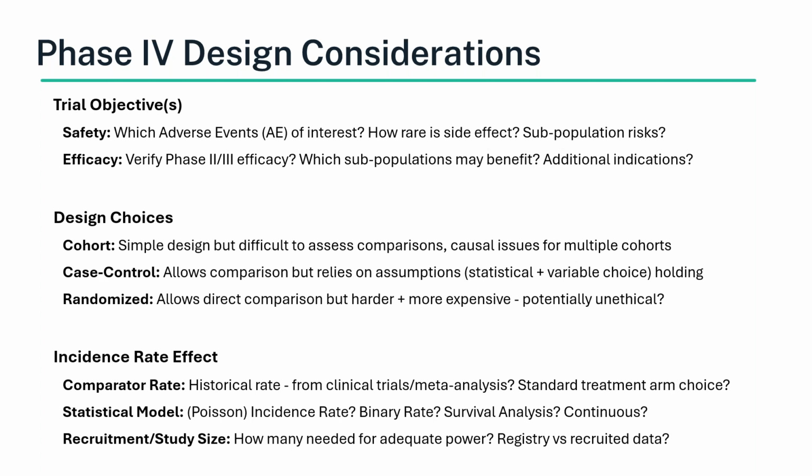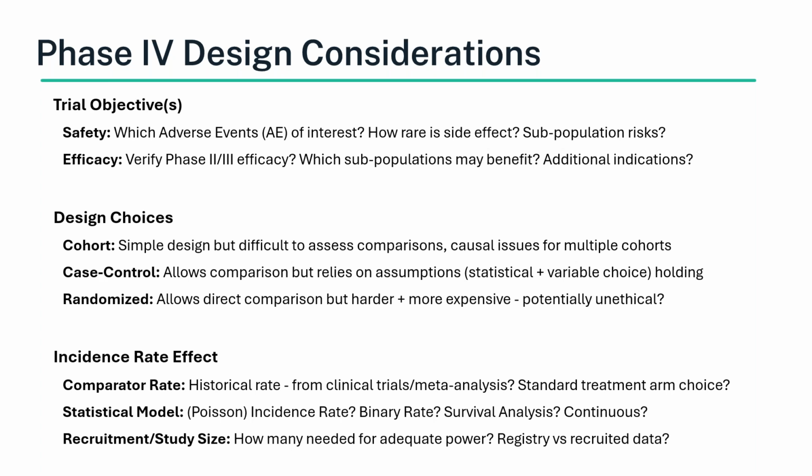If there's multiple, the standard treatment could include people getting a bunch of different types of drugs. They're all in the same class, but they're all different. For most medicines in common areas, there'll be 4, 5, or 6 different other medicines already being used for treatment, like different types of PPI or different types of painkiller. So the complexity of what the standard arm should be in a cohort design can be considerable.